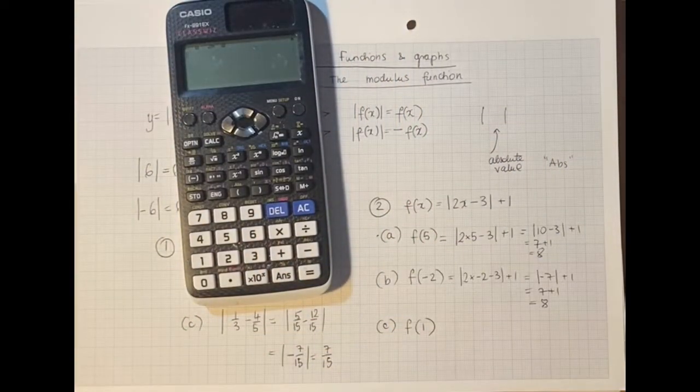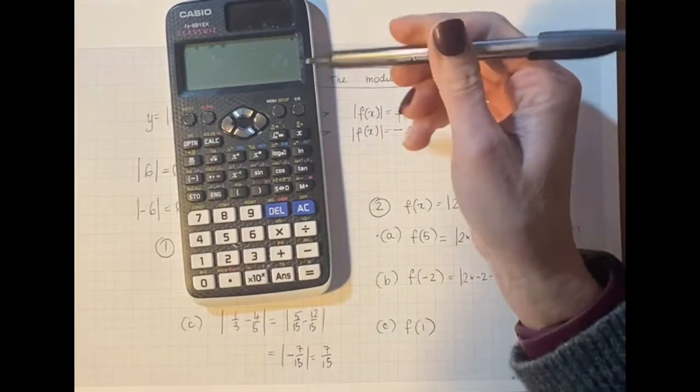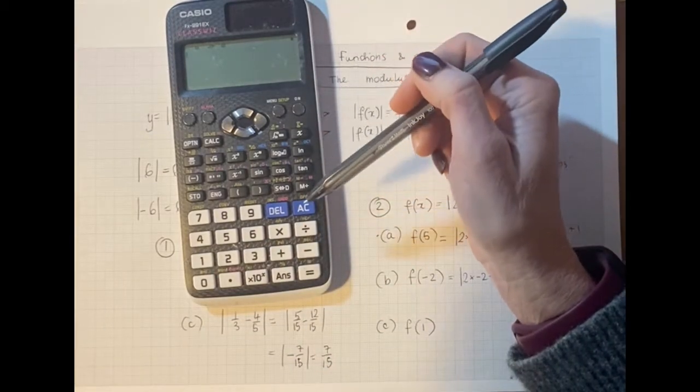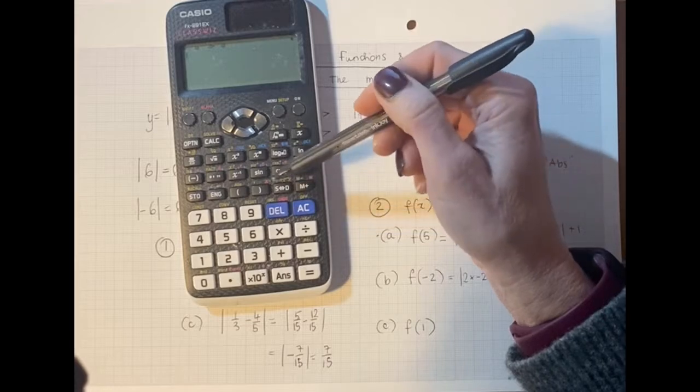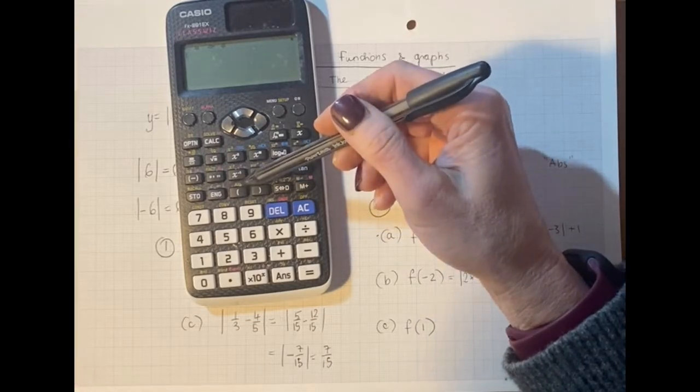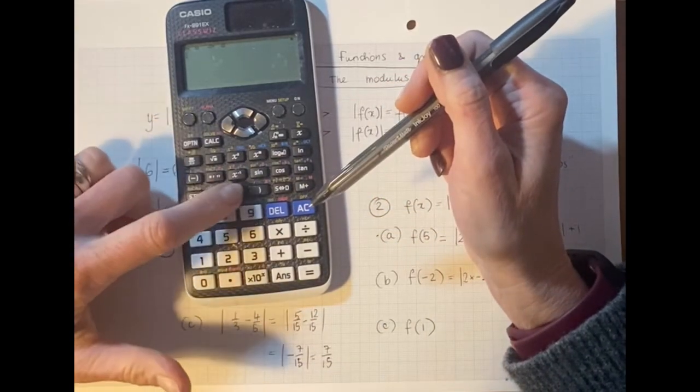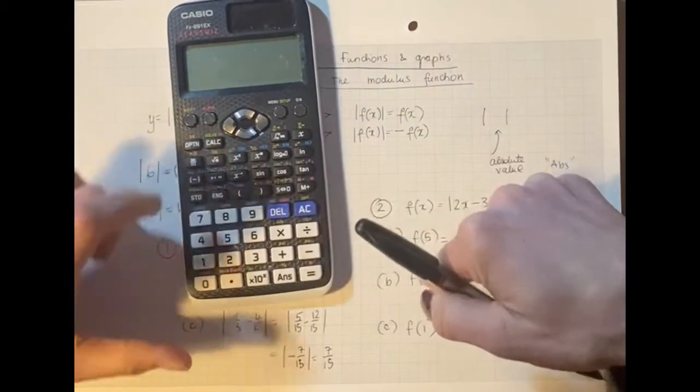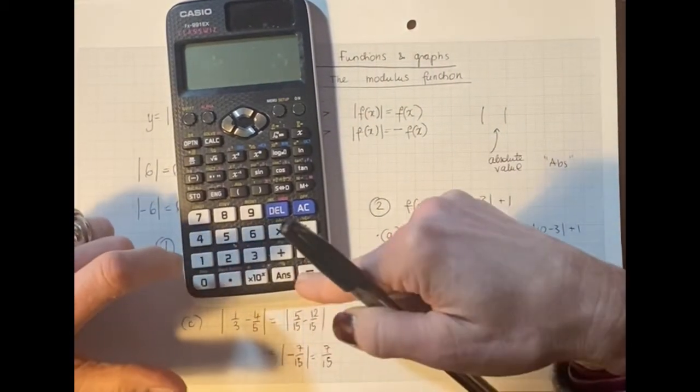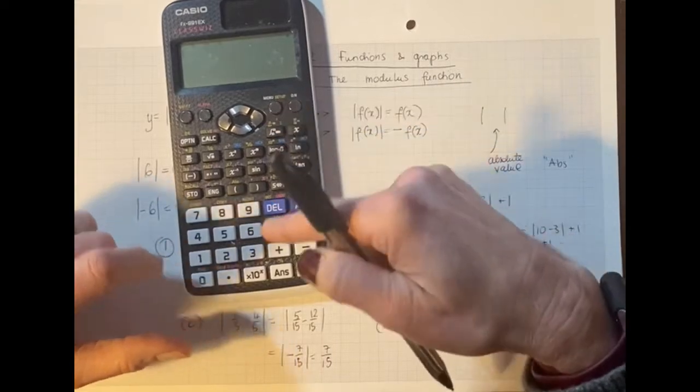So if I show you how to find the absolute value with a calculator, look for the ABS symbol, which is there. It's only open brackets. Let's put minus 2 first. Minus 2 equals, press it on.